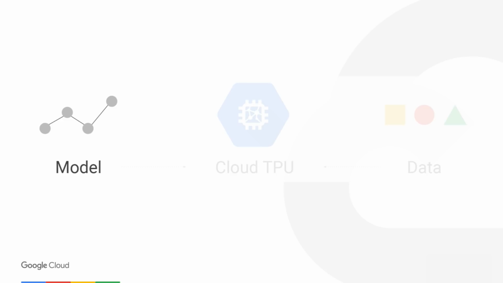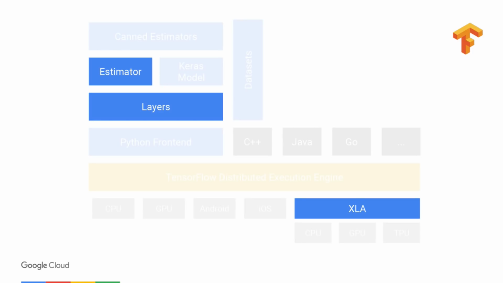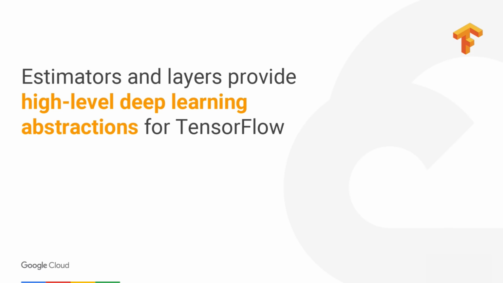First of all, on the model front, we recommend that people use TensorFlow's new high-level estimator and layer APIs in order to make it as convenient as possible to migrate the program from TPU to GPU or back to TPU. And these estimators and layers provide these high-level abstractions within open source TensorFlow.